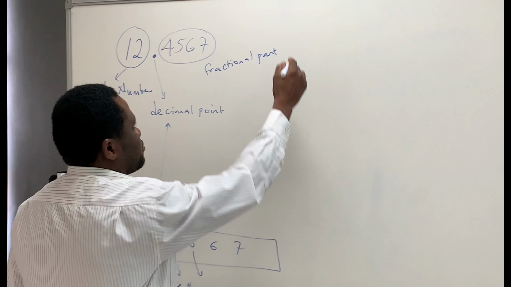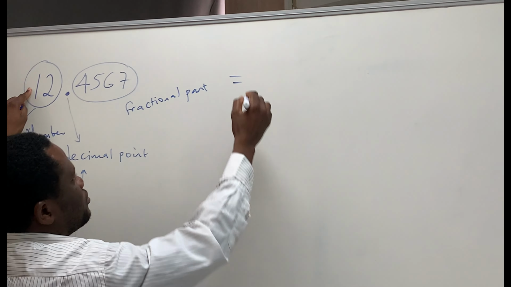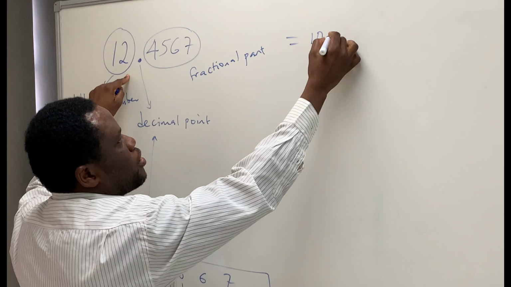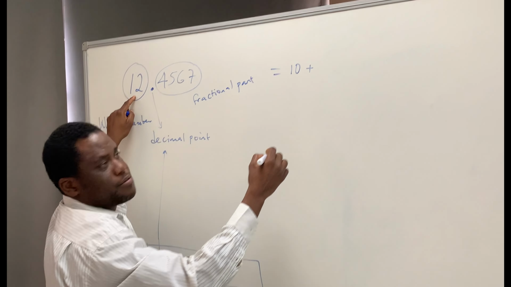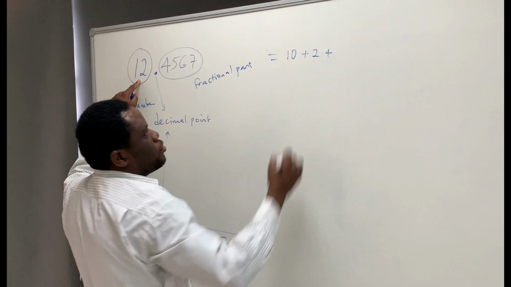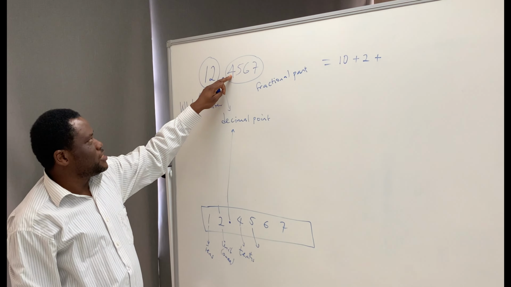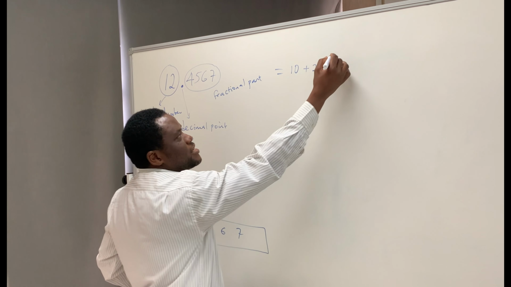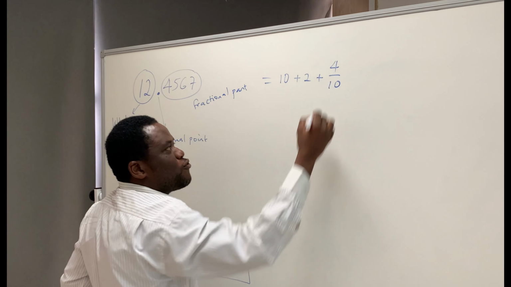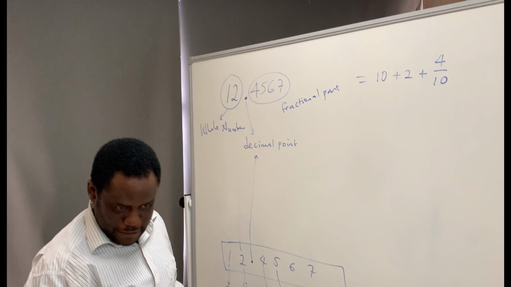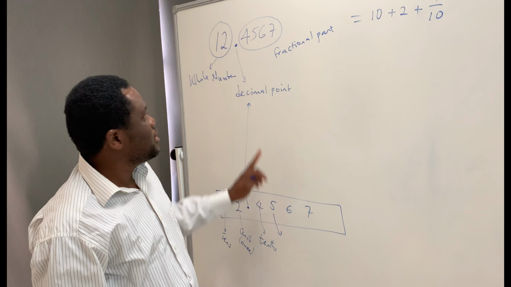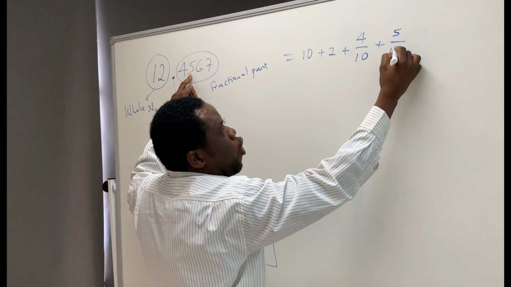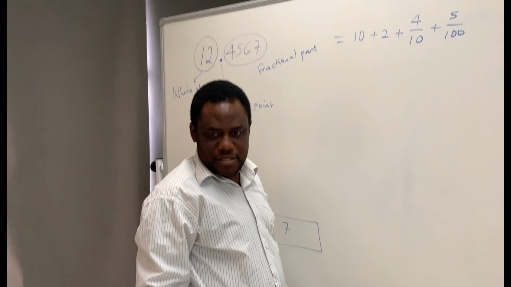Yes, we can expand this. How do we expand it? This is 1, which is in tens, plus this is units, 2, plus, now this is 4 tenths. That is 4 out of 10. The next one is what? 5 hundredths.